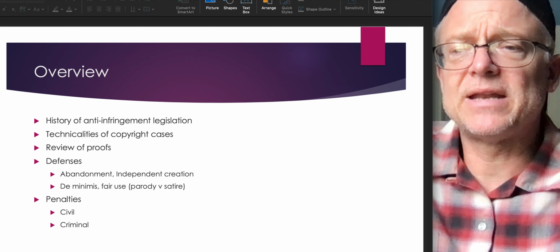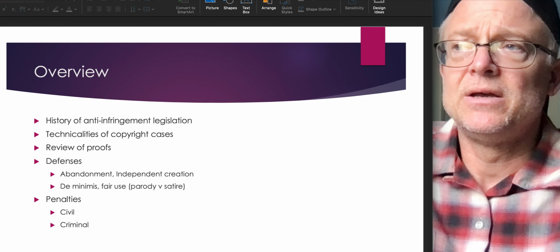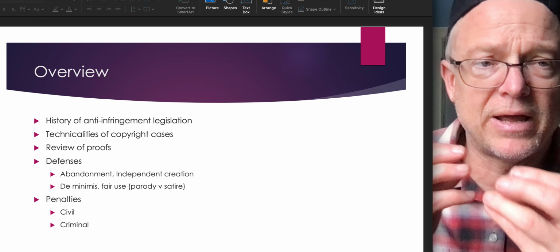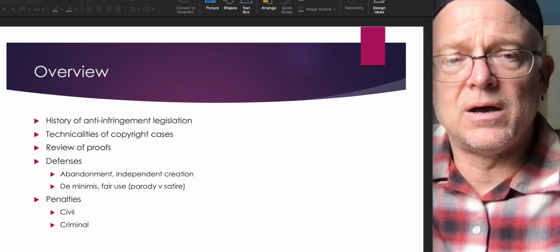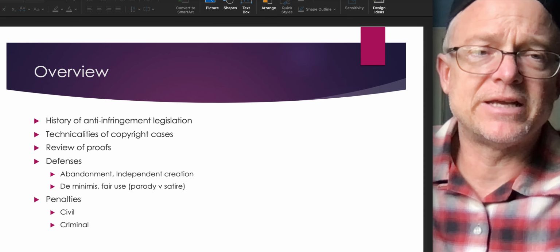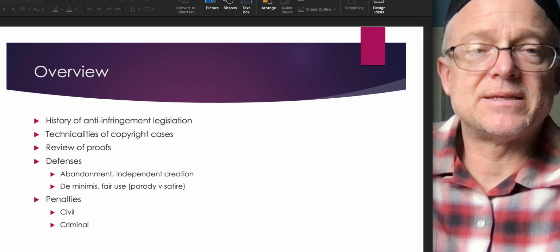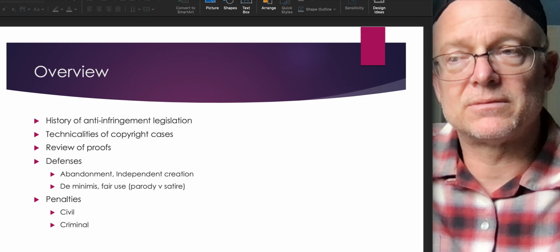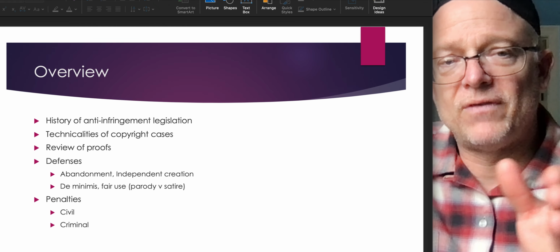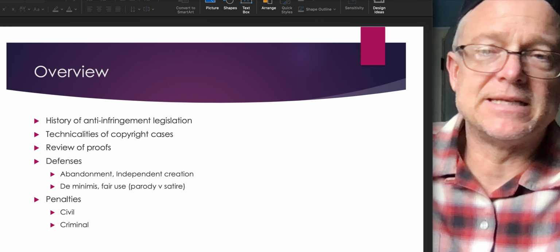Okay, so the topics for today: history of anti-infringement legislation. It's good to see, as we have located the relationship between technology and the law, technology sort of drives various issues that the law or government basically has a chance to sit back and observe and see if it's making waves, if it's in need of regulation, and then the law will follow behind technology and regulate as needed.